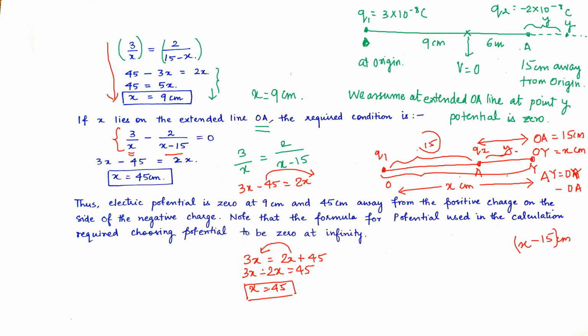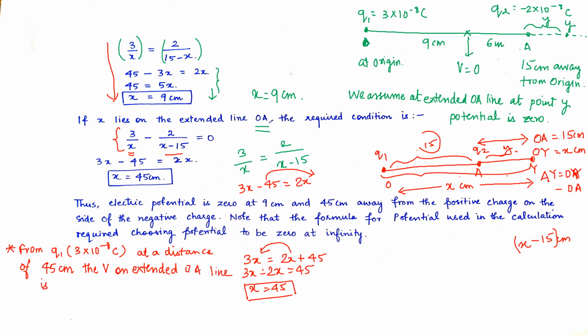This statement should be made very clear. From Q1, whose value is 3 into 10 to the power 8 coulomb, at a distance of 45 centimeter, the V on the extended OA line is 0.